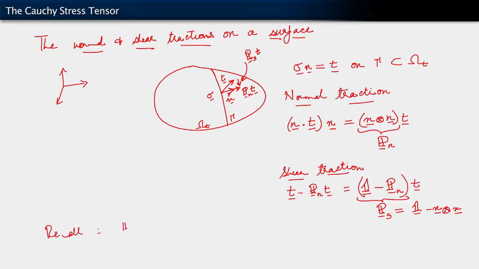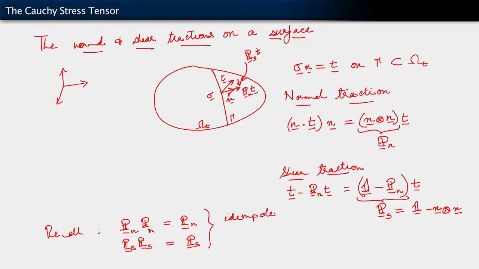Recall these results. Pn acting on Pn equals Pn. PS acting on PS is also PS. And these properties, or actually even taken separately, each of these projection tensors has the property of idempotence.